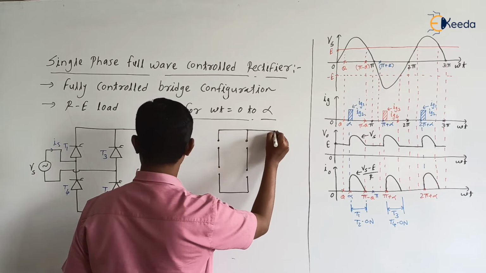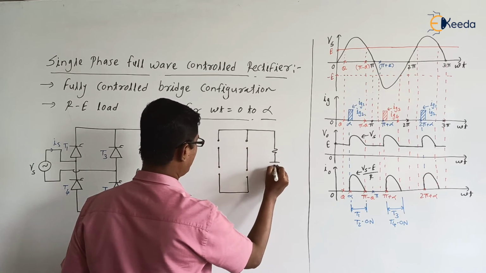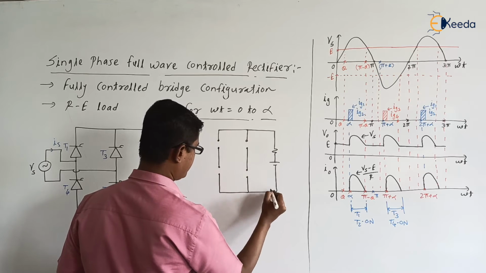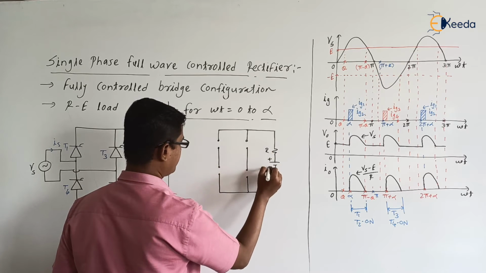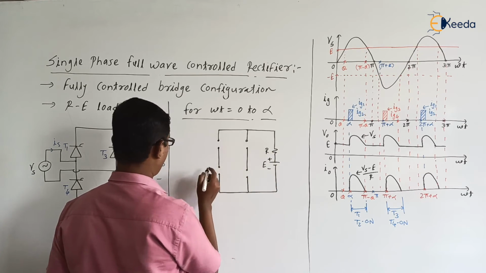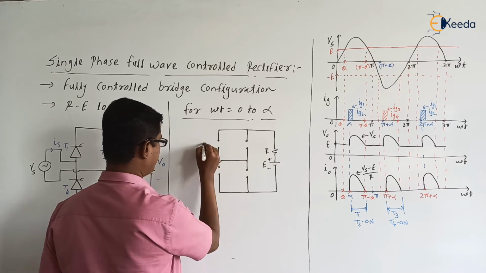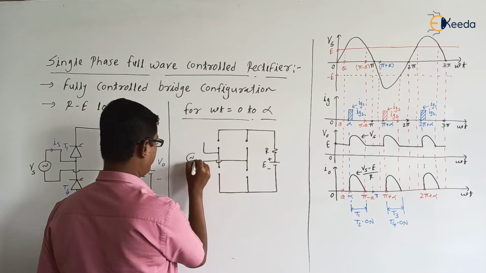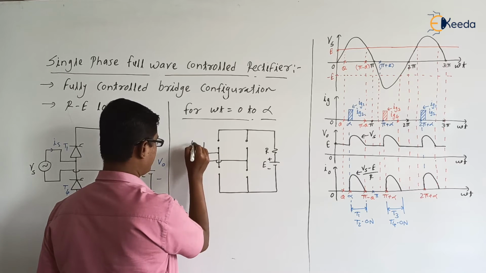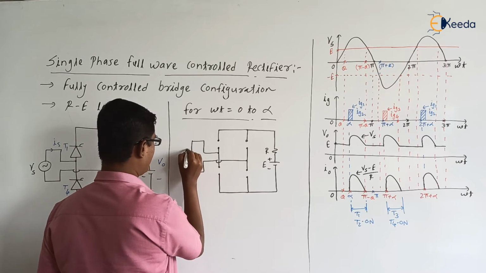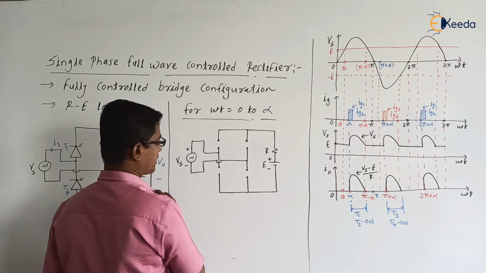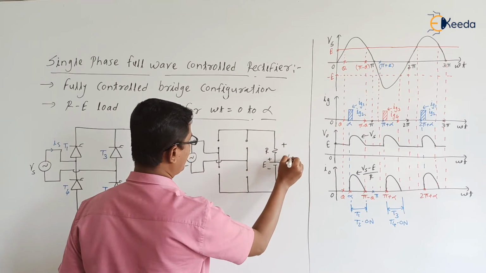The load is an RE load, and the supply voltage is positive. So what is V0 now?